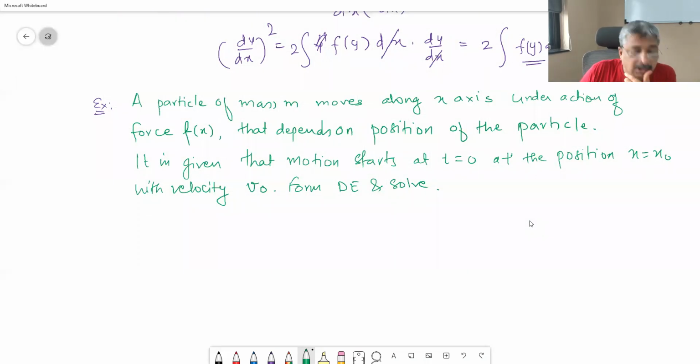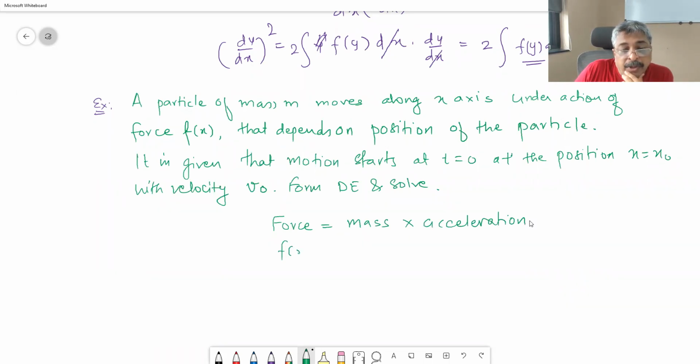Okay, I think the starting point is force. So f of x is given to us, some force, equal to mass into d2x by dt square. This is the equation that we have.